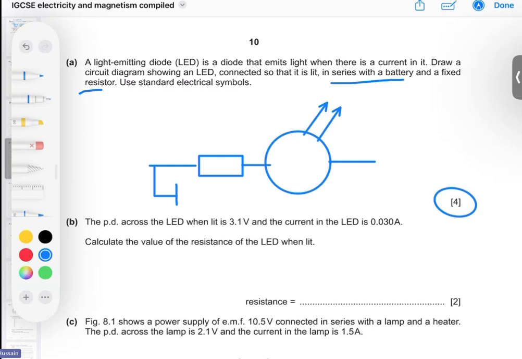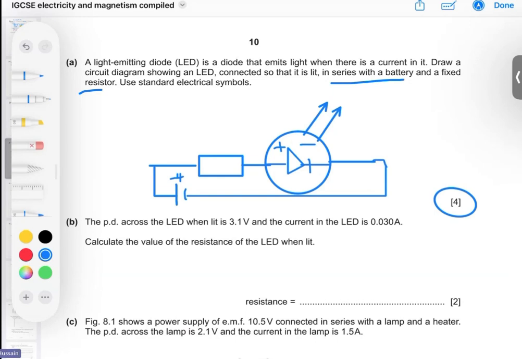So this is the positive end, and this other one is the negative end. The positive end of the battery should be connected to the positive end of the diode, and this should continue just like this.